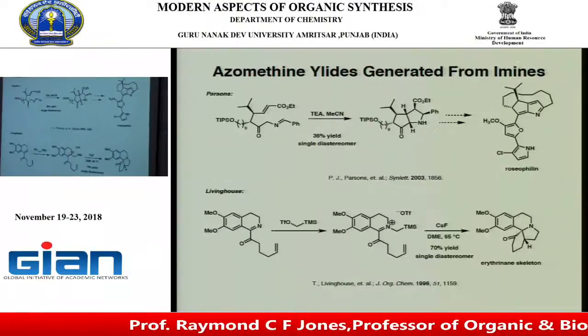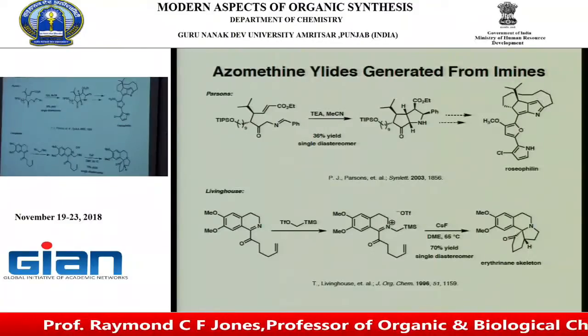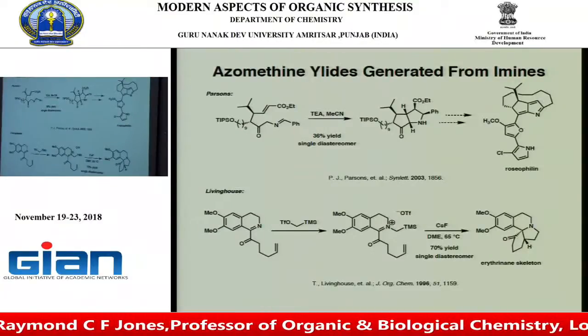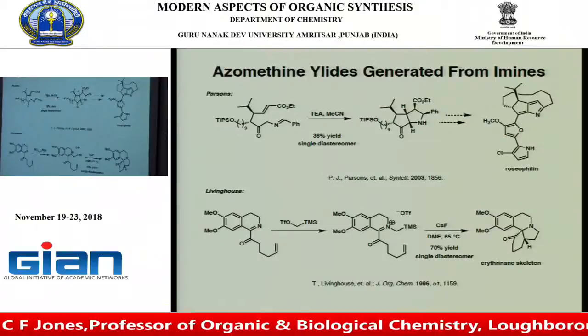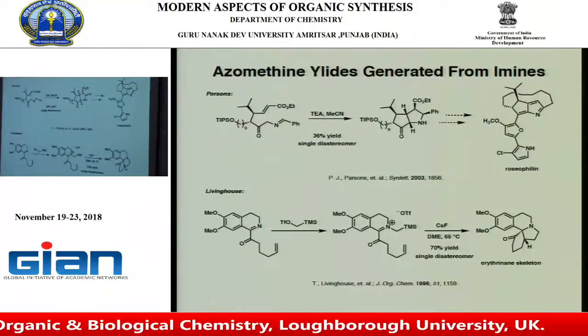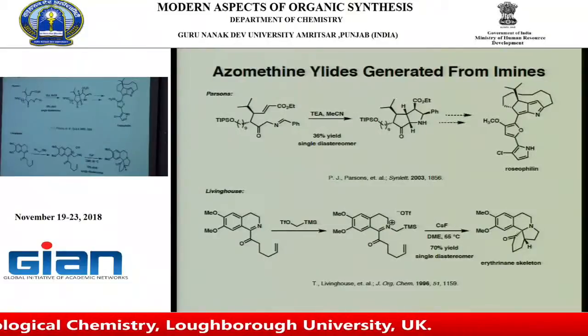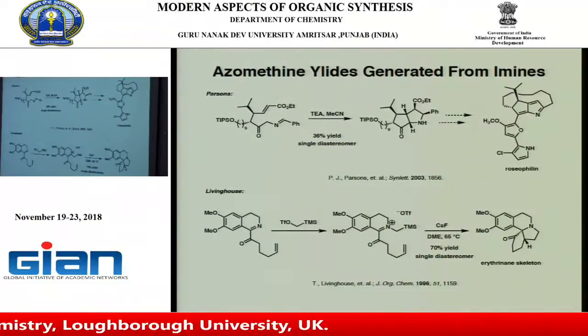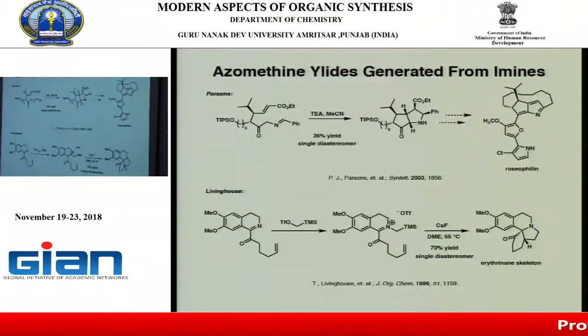Now I think I've got some more examples of syntheses using azomethine ylides. So here is the dipolarophile double bond here, and here is an imine at the other end. So how are we going to make the azomethine ylide from this?